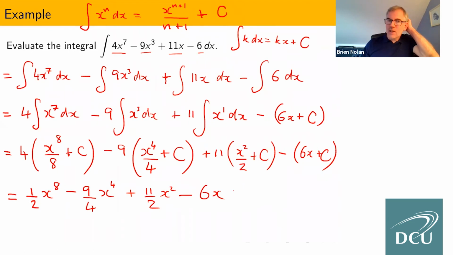Now, the constants of integration. There's a little bit of subtlety here, I suppose. Each one of those symbols, C, represents any constant number. So I have in here x to the 8 over 8 plus a number, x to the 4 over 4 plus some number, x squared over 2 plus any old number, 6x plus any old number.